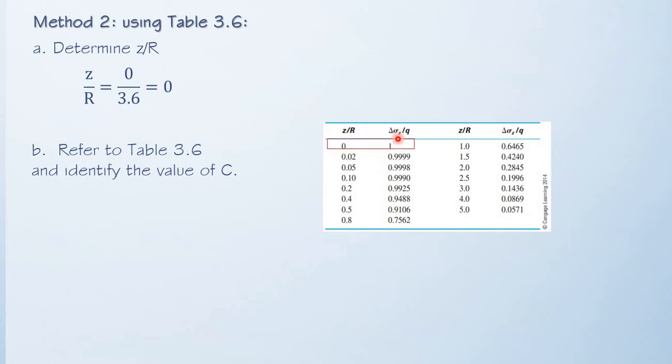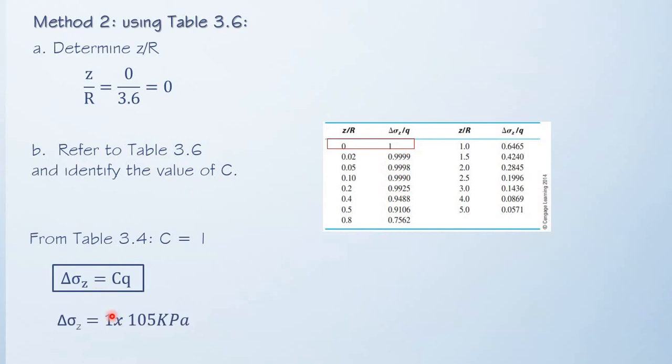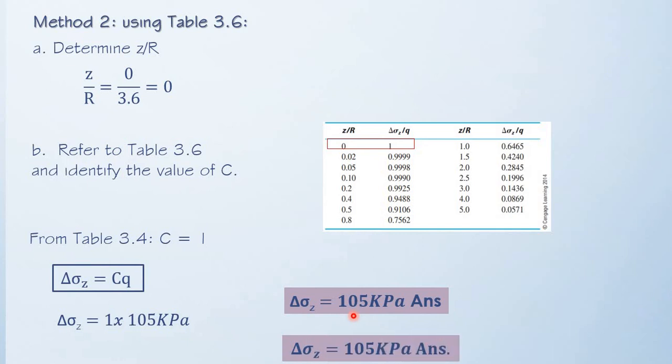Therefore, the value of C is 1. So from table 3.4, C is equal to 1. And then substituting into the equation, 1 times Q, which is 105 kPa. Vertical stress is 105 kilopascal, which is the same answer that was solved using the equation.